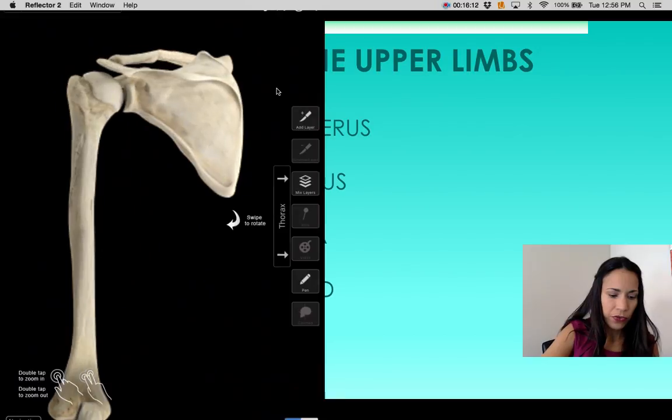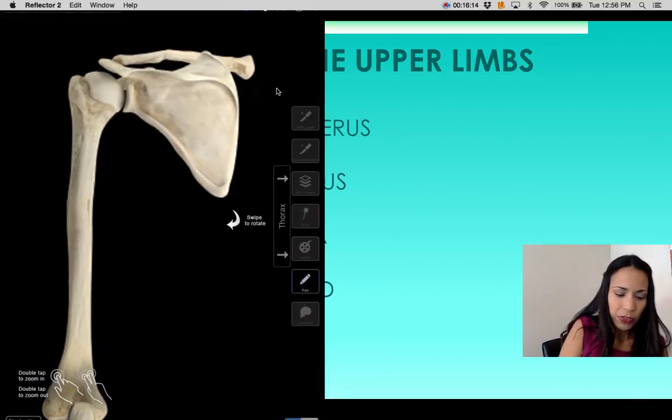Okay, posterior view. The posterior aspect of the scapula, remember, is divided by the spine of the scapula that ends in the acromion.